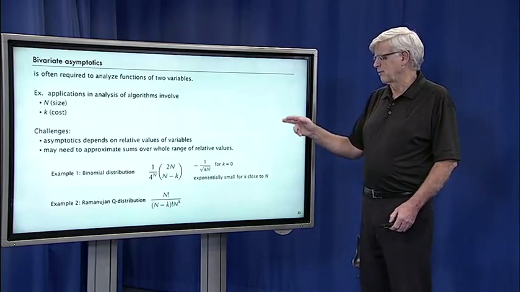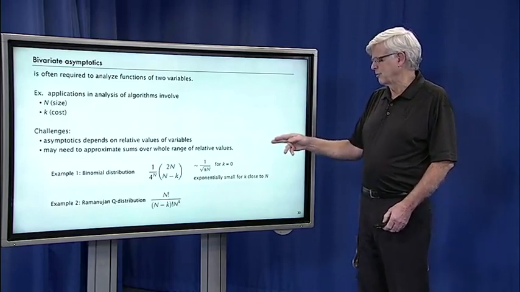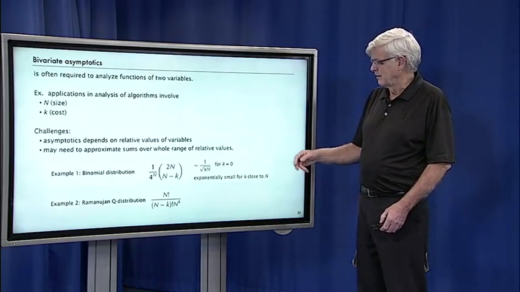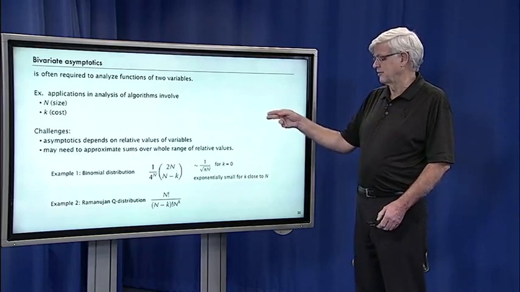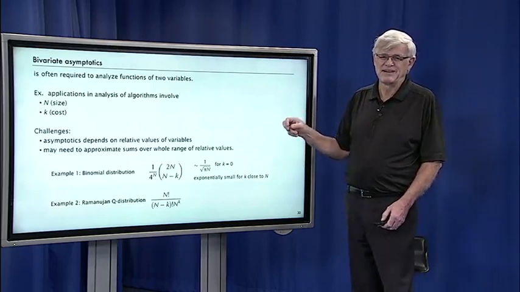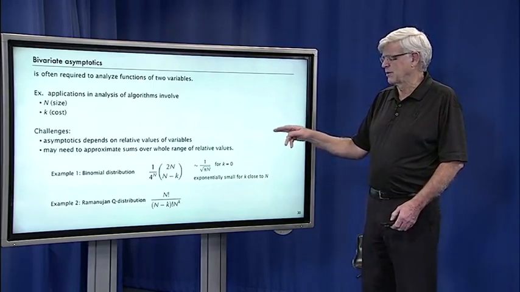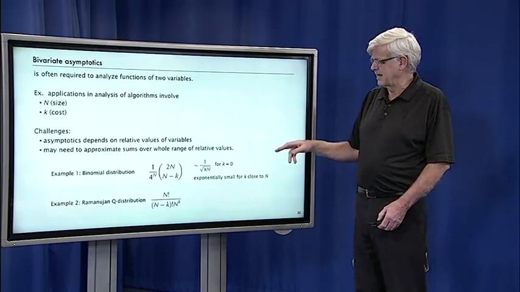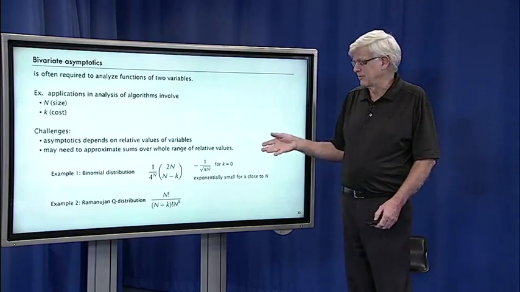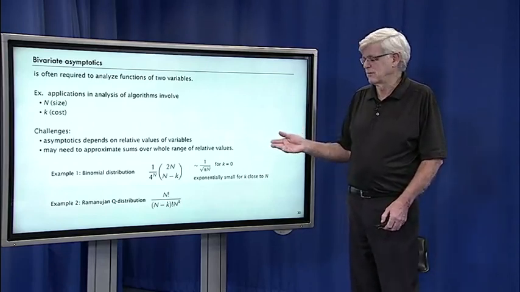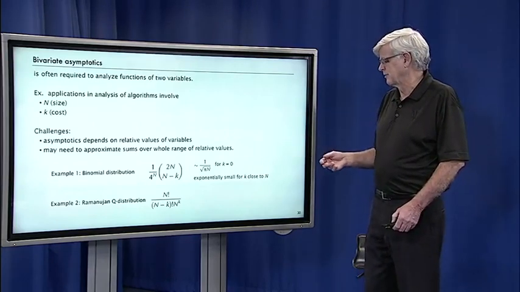Another example is called the Ramanujan Q distribution. It's actually kind of similar. Binomial coefficient is n factorial over k factorial times n minus k factorial. This one's n factorial over n minus k factorial n to the k. And that actually arises in the analysis of several classical algorithms.